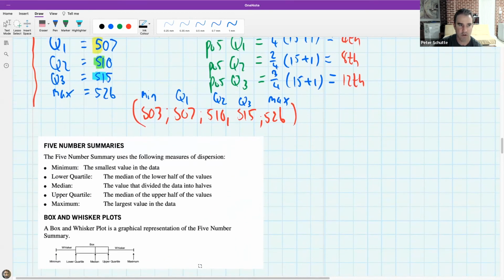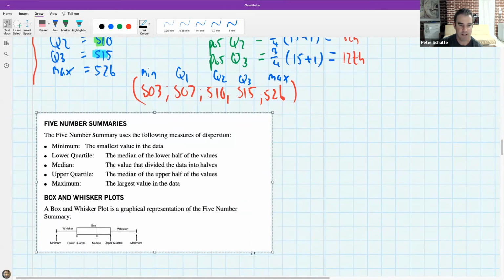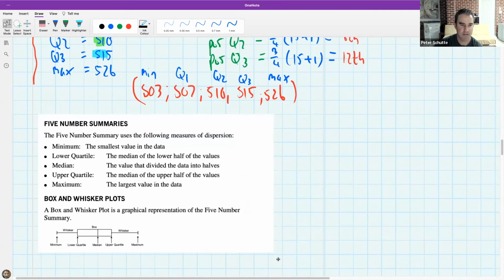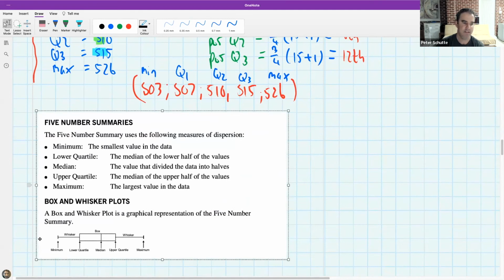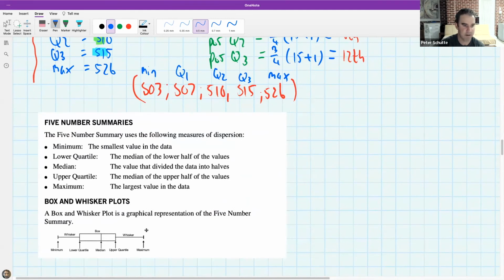And the way it looks is it has the minimum at the end of the whisker and the maximum at the top. And then it has, at the beginning of the box, Q1, at the end of the box, Q3, and then the line inside the box, in the middle, is Q2.